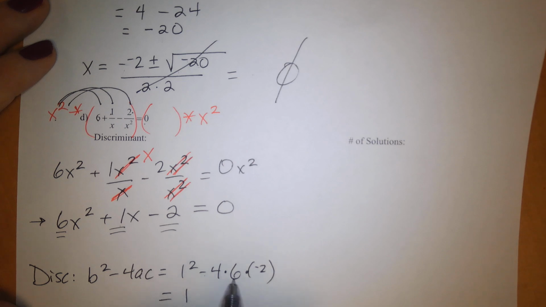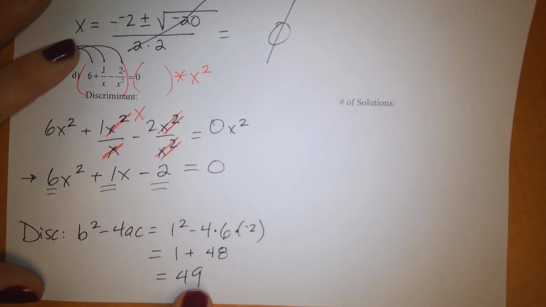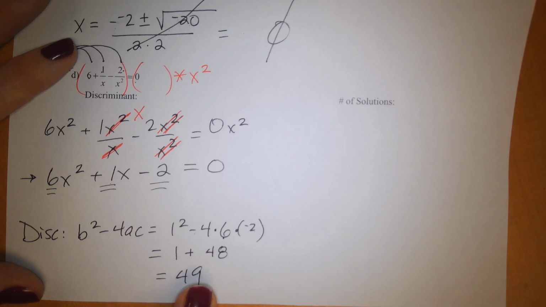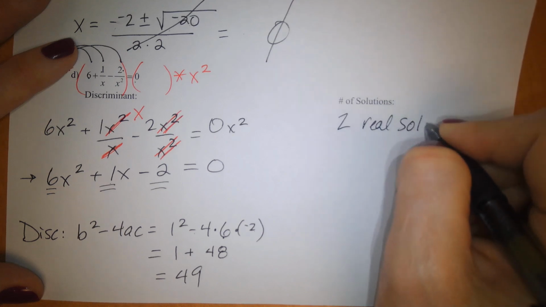Negative 4 times 6 is negative 24 times negative 2 is positive 48. So the discriminant is 49. According to our rules, when you have a positive discriminant, that means you have 2 real solutions.